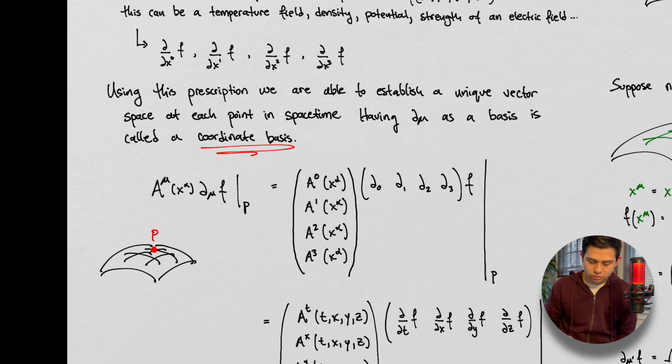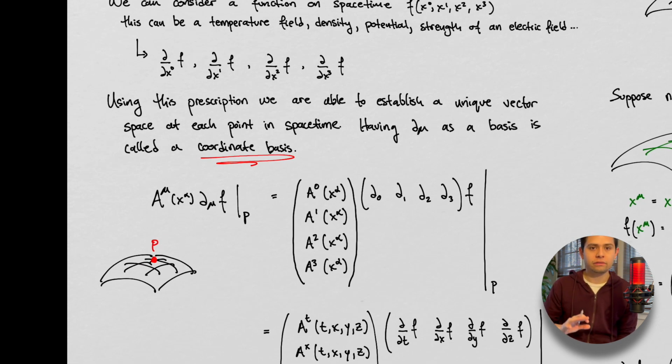So using this prescription, we have this idea of a function on spacetime. We're able to establish a unique vector space at each point in spacetime that solely depends on that function. And this vector space has the partial operator, d mu, as a basis.